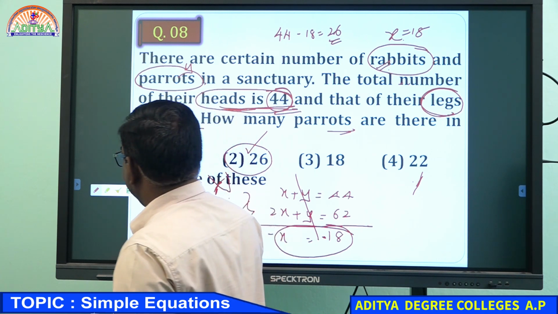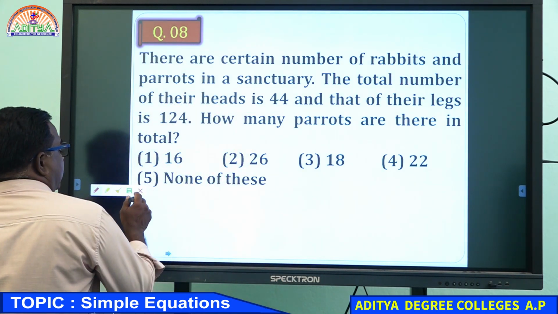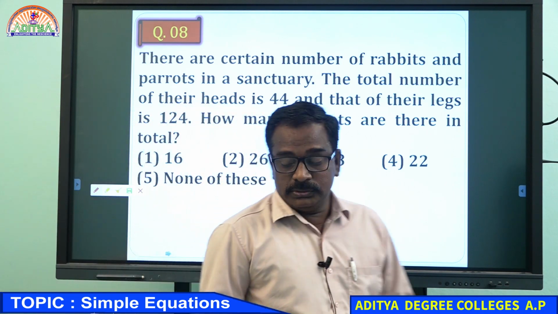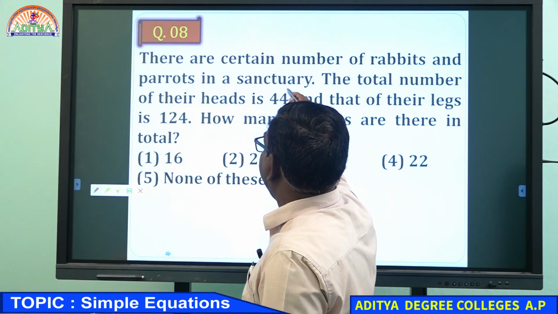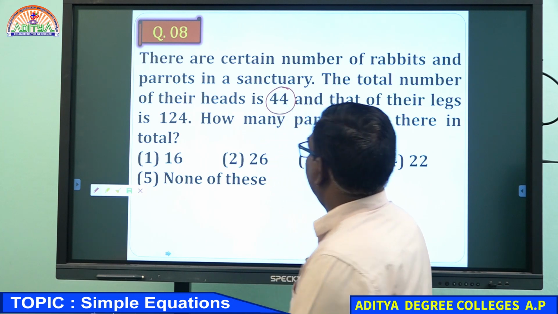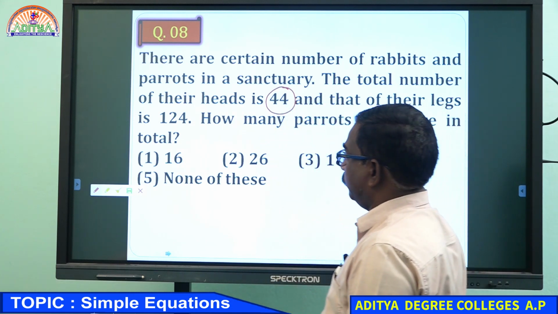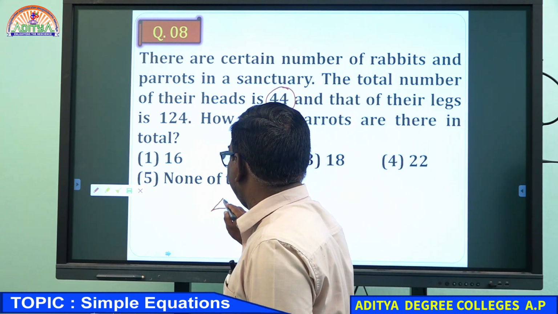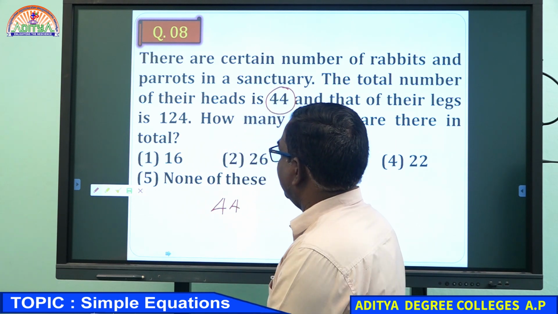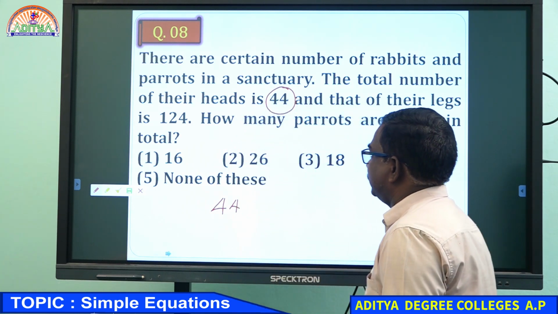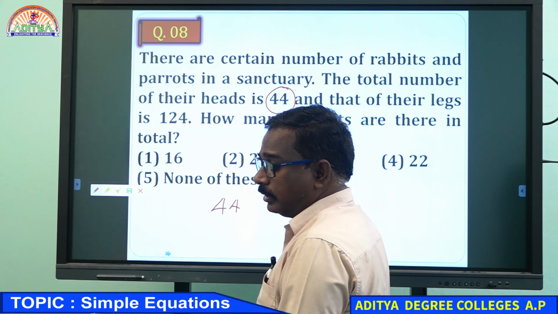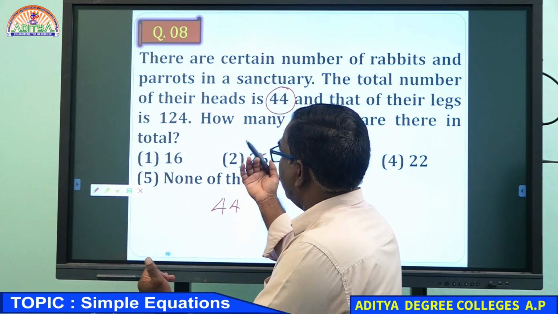Another way. See clearly what is given. Total heads are given as 44. Suppose there are 44 heads; think that all are parrots. If not, all are rabbits.